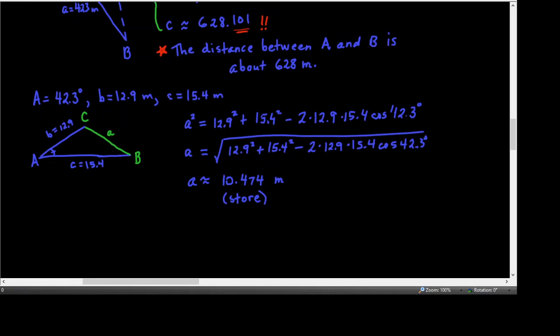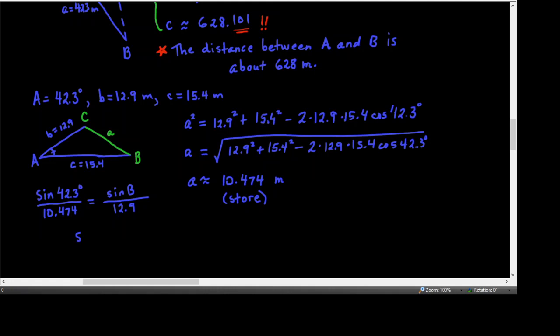So we would not want to use law of sines to find C, because it is the longest side, C, and that means angle C is definitely the greatest angle, so we would never want to use that law of sines to find C. Okay, so since the pair we now have is sine of our given angle divided by this number stored in the calculator, should equal the sine of B. Remember, we're going for B because it's the smaller of the two remaining angles, just in case C is obtuse, over 12.9.